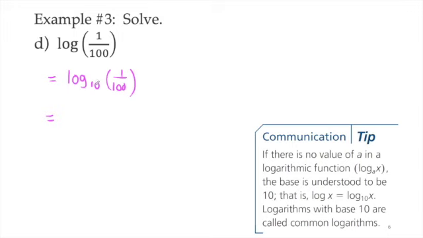You're asking yourself, what exponent of 10 is equal to 1 over 100? Well, it is -2, because of your exponent rules, 10 to the -2 is equal to 1 over 100. So you should know that the answer is going to be -2. Remember, you're reversing and undoing an exponential with logarithms.